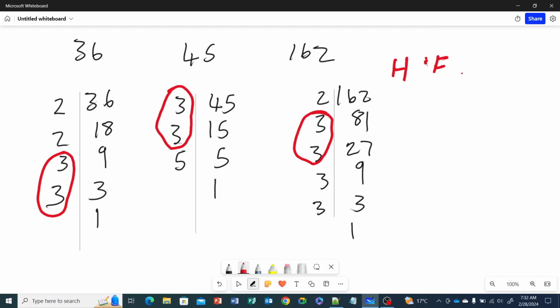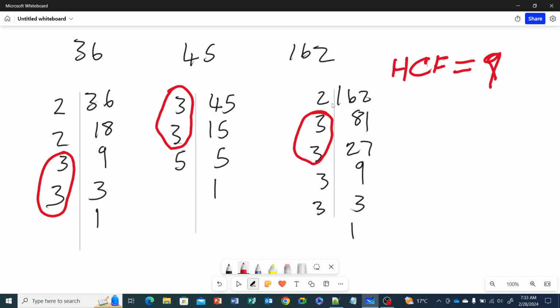So your highest common factor is equal to 9.